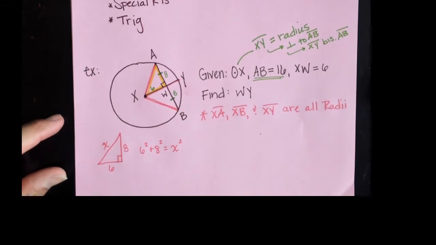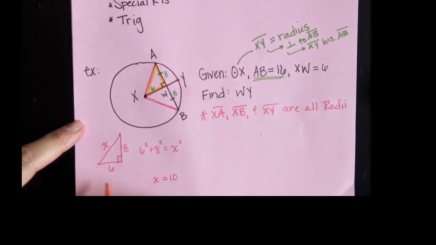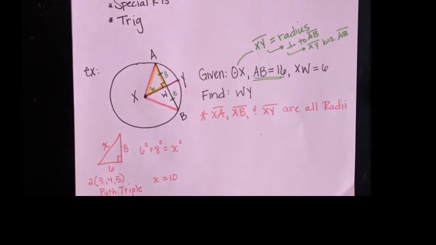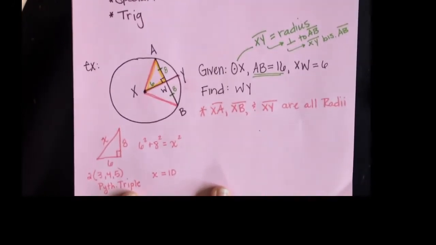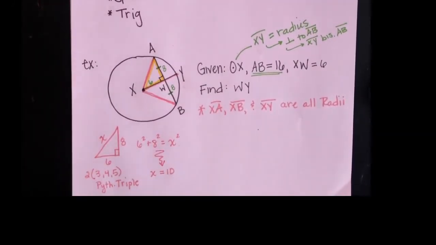And we can work all this out. I'm going to tell you x is 10. Because this is also 2 times our 3, 4, 5 Pythagorean triple. And that saves a ton of time if we have that memorized. We don't have to go through the Pythagorean theorem, but we would get there anyway.